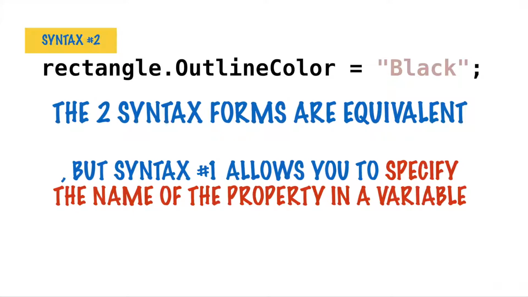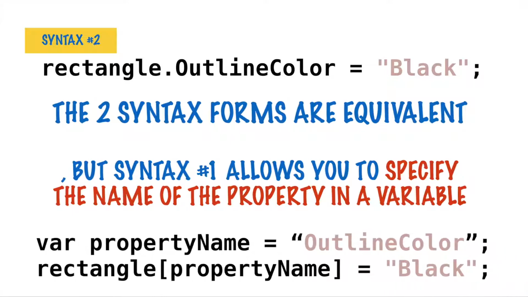And the reason for that is using syntax 1 allows you to specify the name of the property in a variable. So you could set up a variable called property name, give it a value outline color, which is the name of your property, and then say rectangle square brackets property name is equal to black.